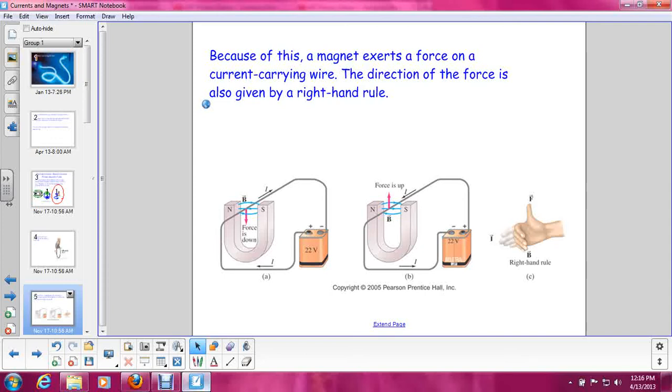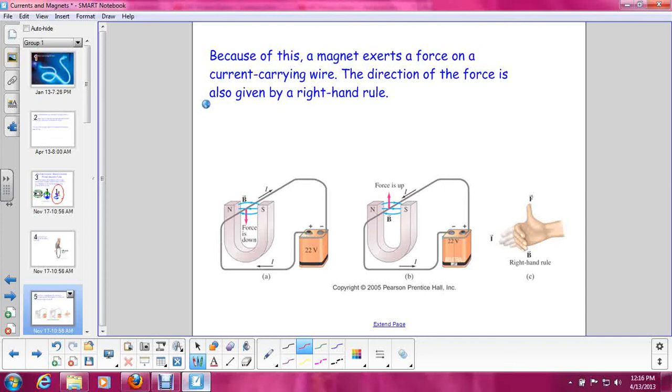The last time, he made the current go in the opposite direction, counterclockwise. And because the current was running in the opposite direction, the force applied to that wire was in the opposite direction as well. This is another right-hand rule that we use, although it's a little more complicated.